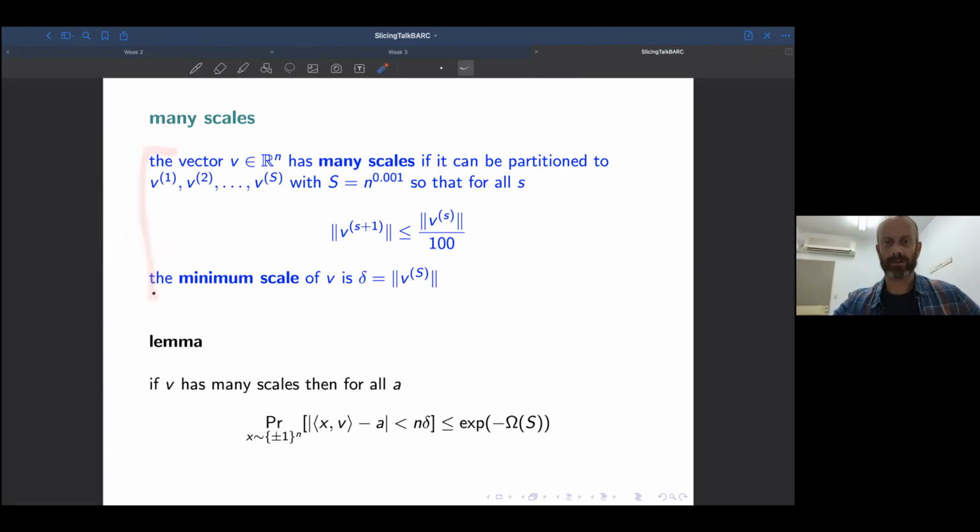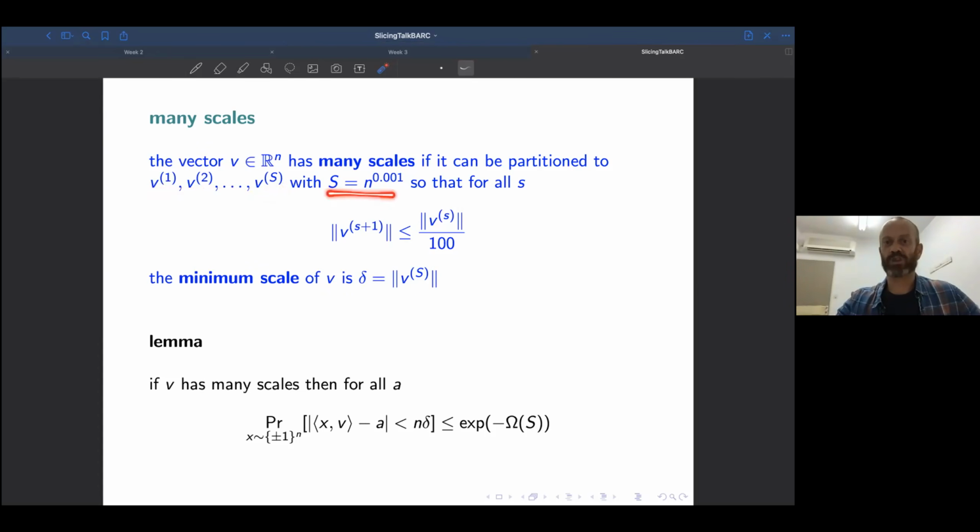The first part is a definition. We have some vector in Rn, some list of numbers. We say that it has many scales if we can partition the vector, just chunk the coordinates into S chunks. Some coordinates are here, some other coordinates are here, and some other coordinates are here. So just chunk it up.